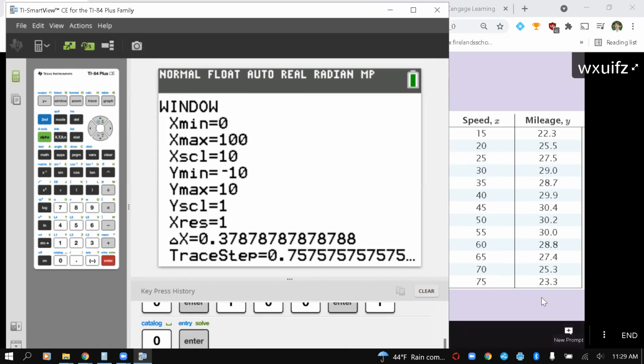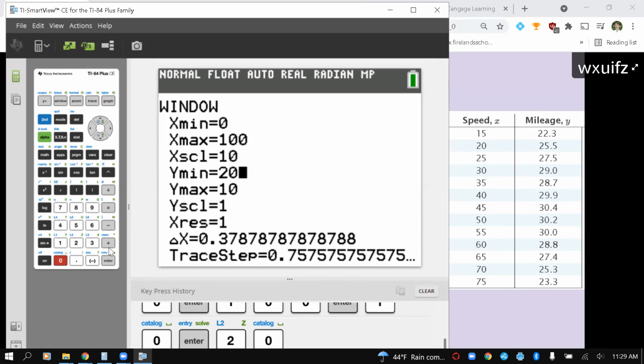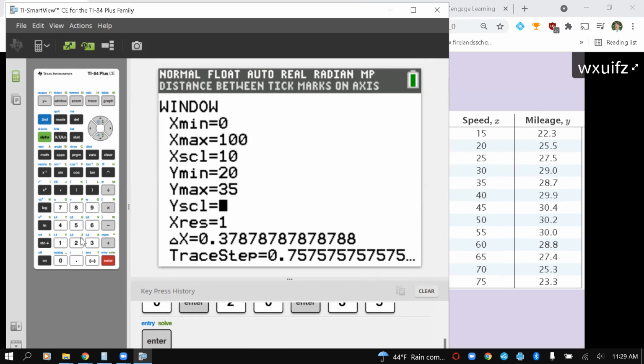And for the Ys, I don't know, 20 to 35, counting by ones is fine. To be honest, this is arbitrary. You can decide. I went 0 to 100 on the Xs, and I did 20 to 35 on the Ys.